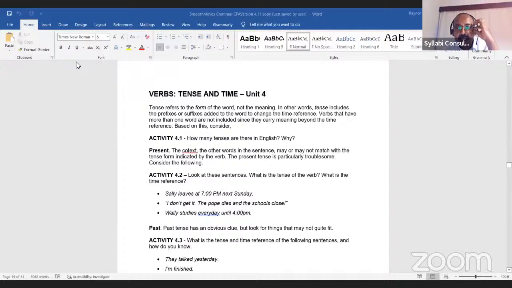No, when we use the word get, it's not got. So get, that's present. And then the Pope dies. So as if the act of dying is continuous or something. I mean, she could have said the Pope died and the schools closed, or the schools were closed, for example. So that would be describing something, but no, they're all present.